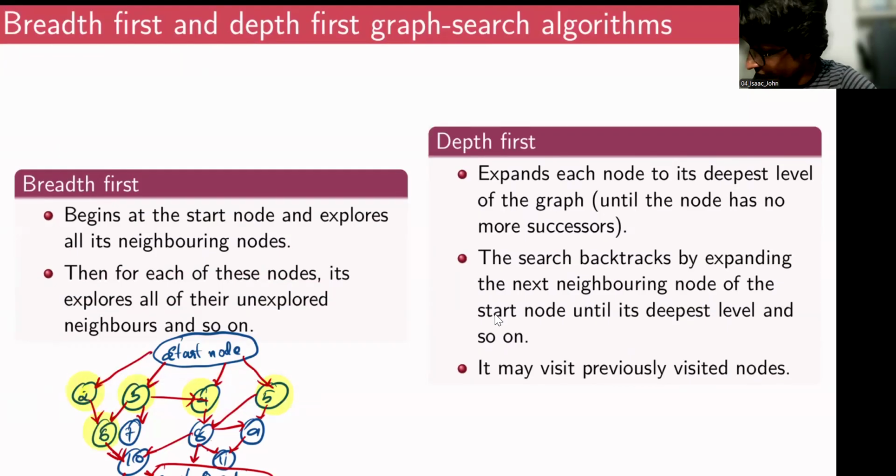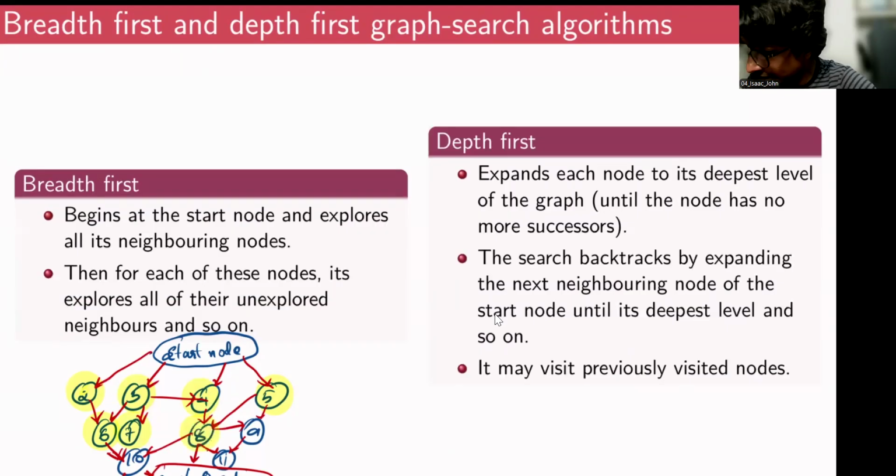Then the neighbors of node 5 are node 6, node 7, and node 4. Node 4 is already explored, and node 6 is already explored, so we'll explore node 7. And the neighbors of node 4 are node 5 and node 8. I think that's about it. So node 8 is what we'll explore in the next phase.